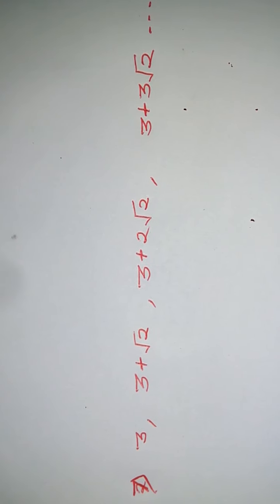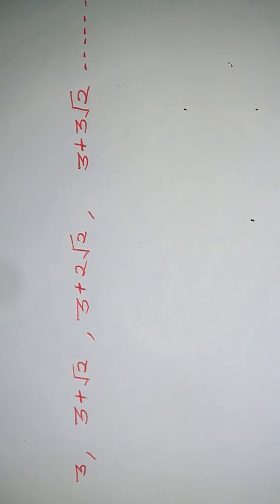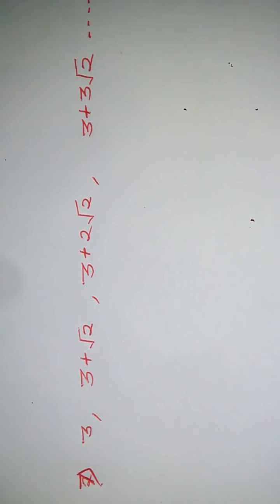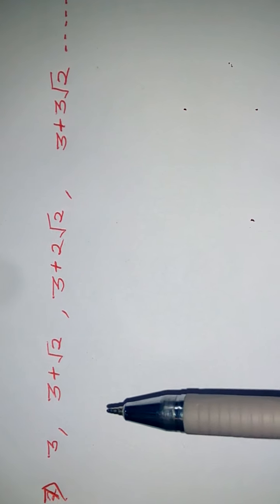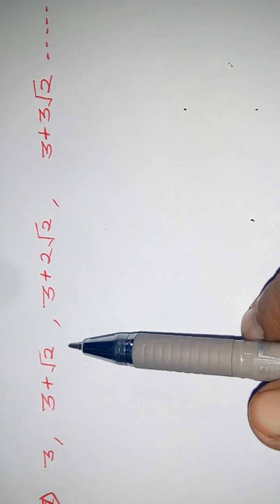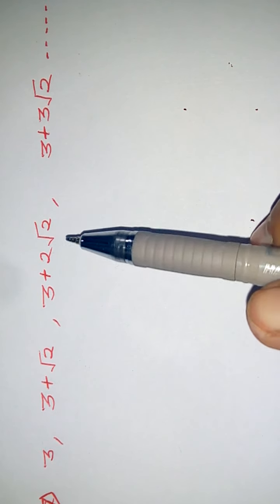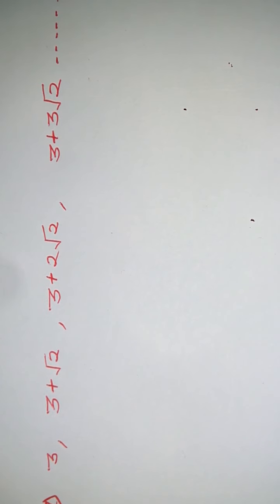Now again consider the seventh example. The sequence is 3, 3 plus root 2, 3 plus 2 root 2, 3 plus 3 root 2.